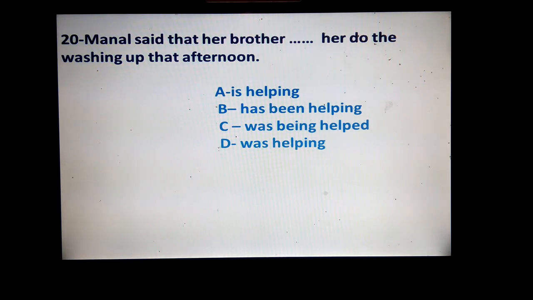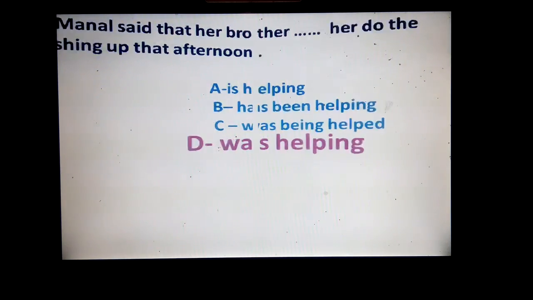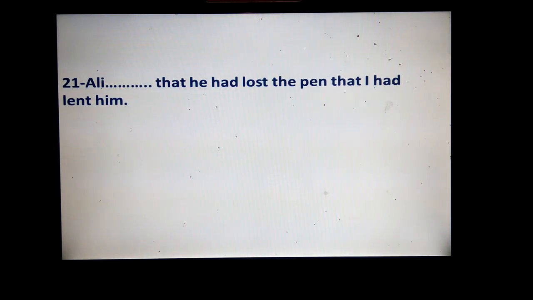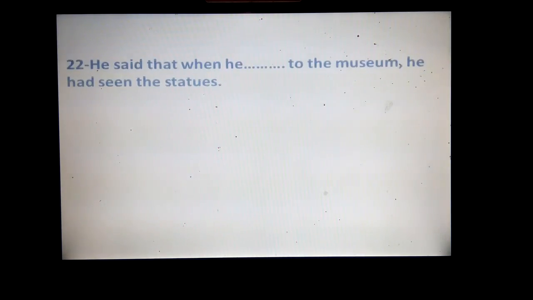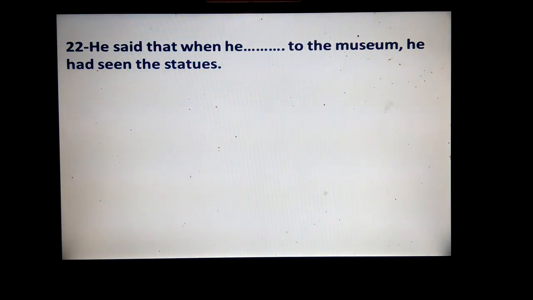Ali blank that he had lost the pen that I had lent to him. He said that when he blank to the museum, he had seen the statues.